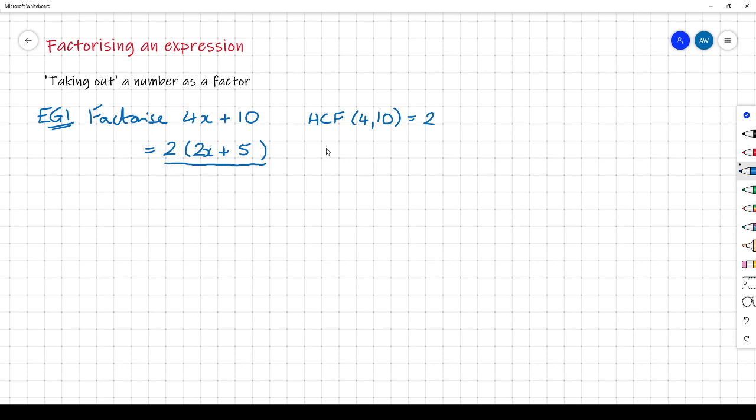What you could also do is divide each term by the factor that you've taken out. So 4 divided by 2 is 2, and 10 divided by 2 is 5. I just prefer to think of expanding my bracket and working out what goes inside by thinking of the multiplying rather than doing the division. But it's up to you. Okay, so that's it. Let's have a look at another example.